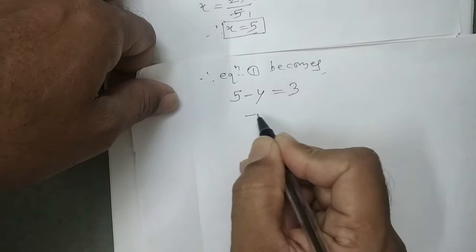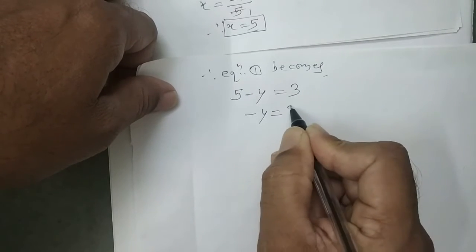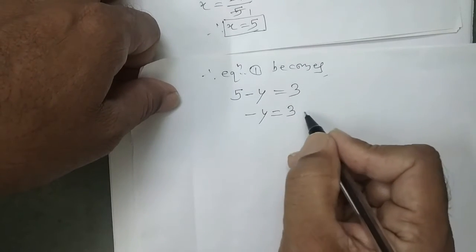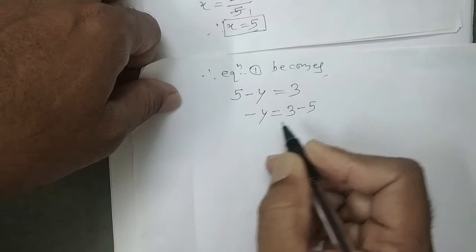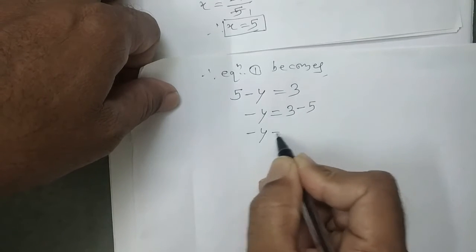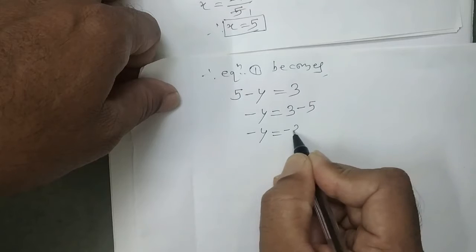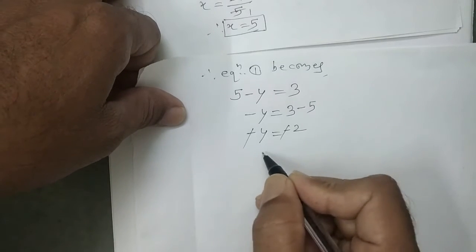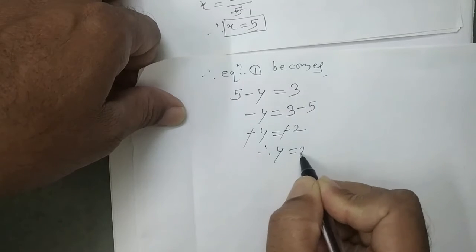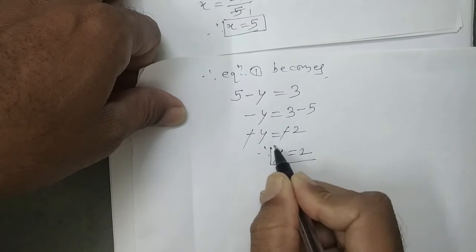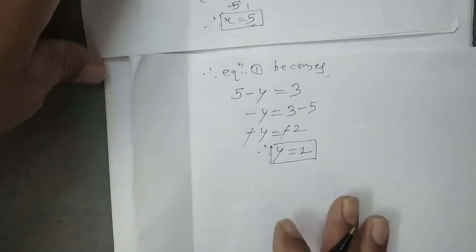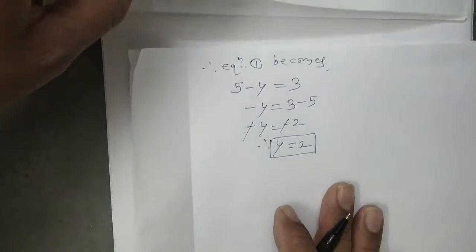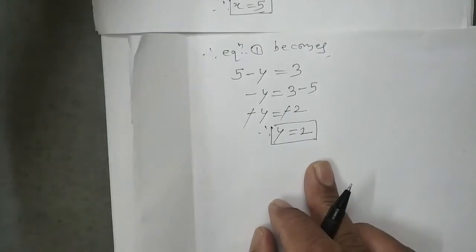Therefore minus y is equal to 3 minus 5, which is minus 2. Here minus minus get cancelled. Value of y is 2. Hence we get the values of x and y.